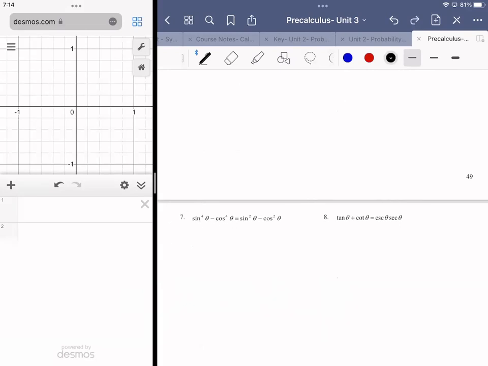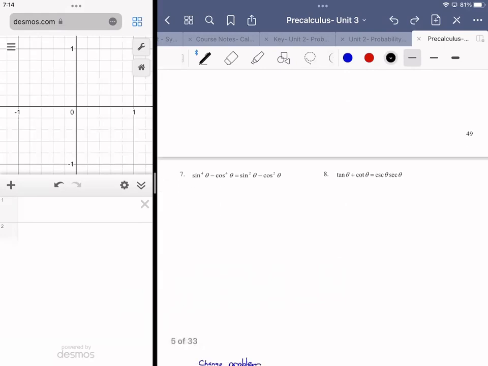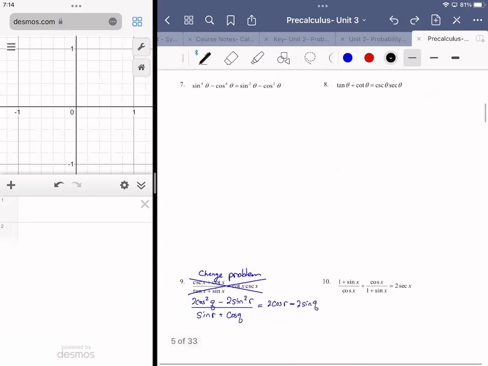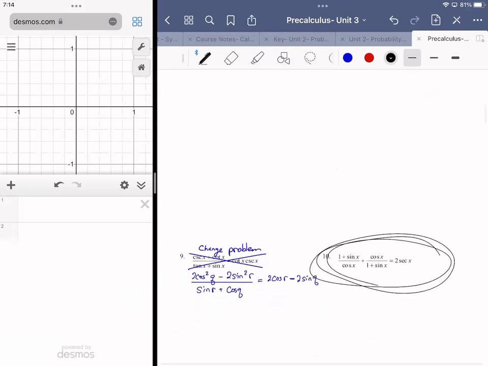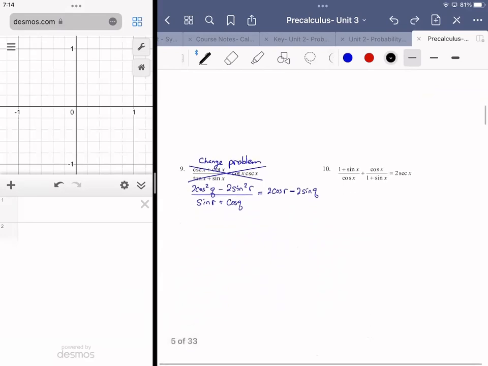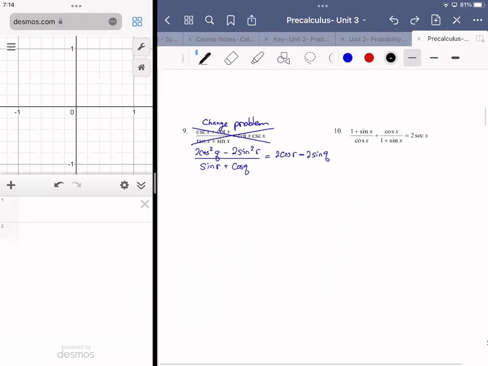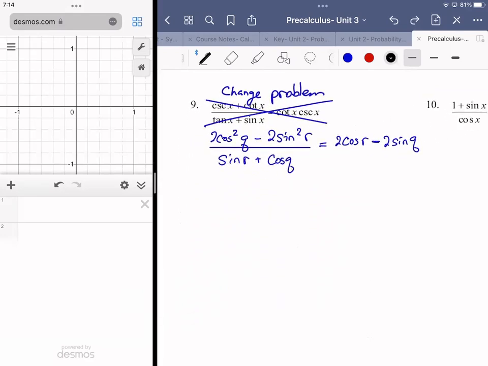It's actually one of the easier problems on these pages, but it's intimidating to look at, and that's enough to get people to not want to do it. And this one involves a little bit more algebra, so I'll save that for next time also. But I wanted to do number 9 with you because I wanted to do an example that involved multiple variables, and show you just how scary something can look, but actually not be too bad.